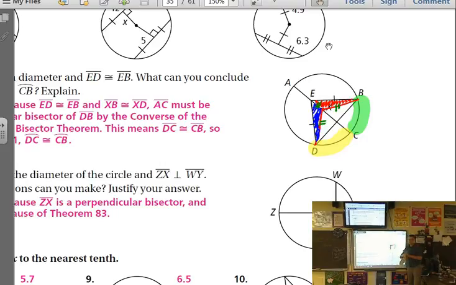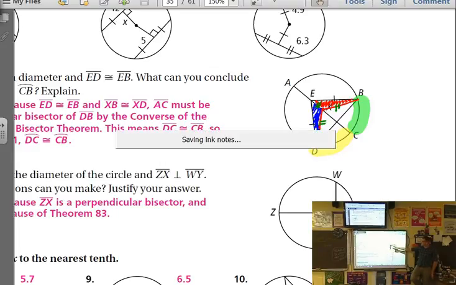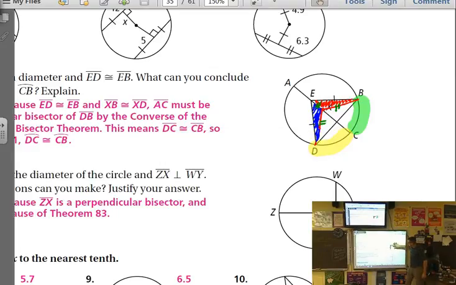So if this is a right angle, the diameter bisects the chord. If the diameter bisects the chord, then it's a right angle. So I can prove it either way around. When I set up this red triangle related to this blue triangle, by CPCTC this angle is congruent to this angle.